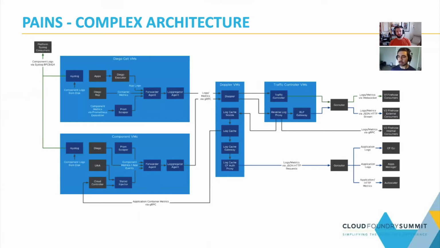And so Logregator has evolved to meet these needs, and it's done a pretty good job of it. It's managed to hit a lot of these throughput goals. It's managed to service a lot of these use cases. But that hasn't come without pain, unfortunately. One of the biggest pains that people trying to work on this system, people trying to operate this system run into, is the complexity of the architecture involved.